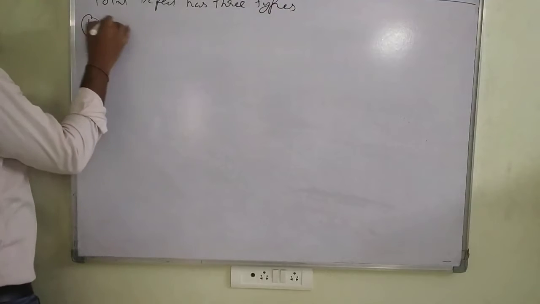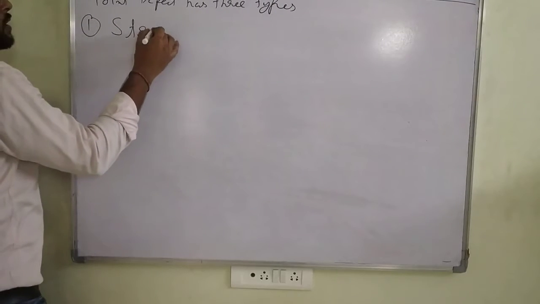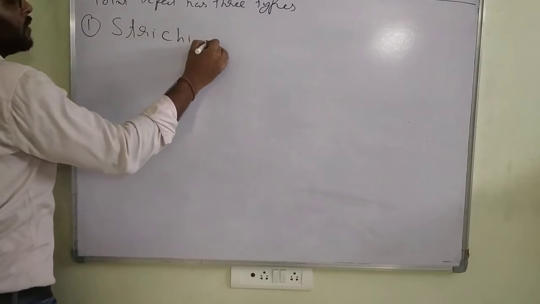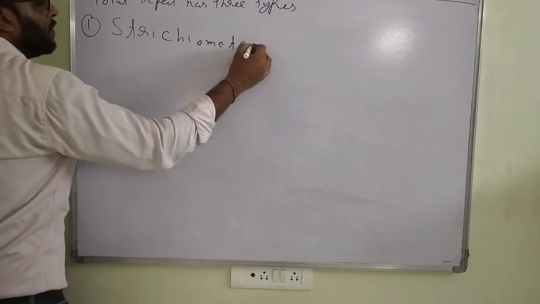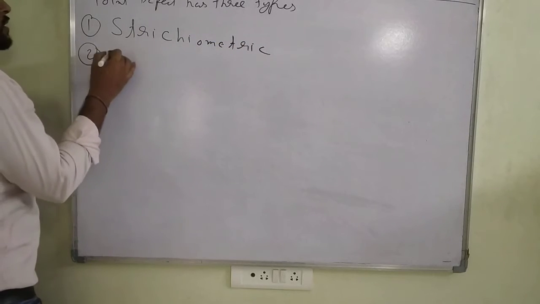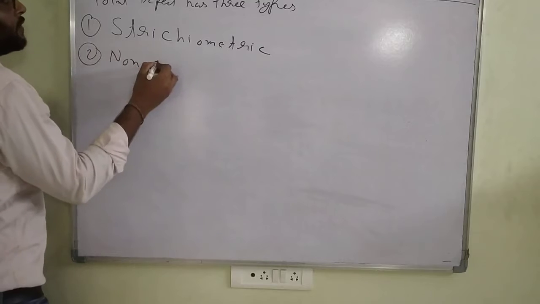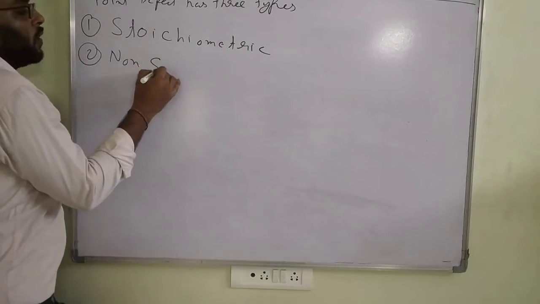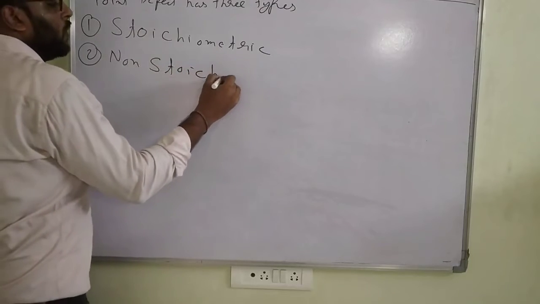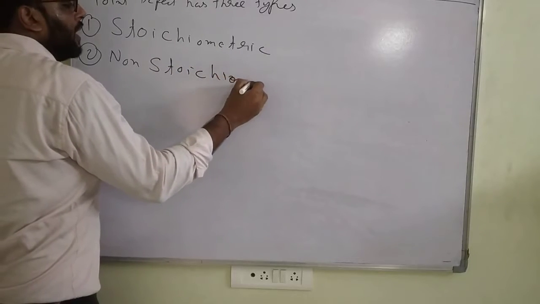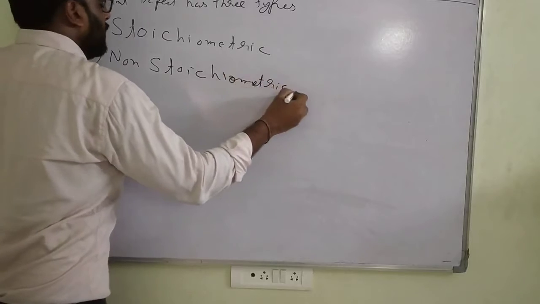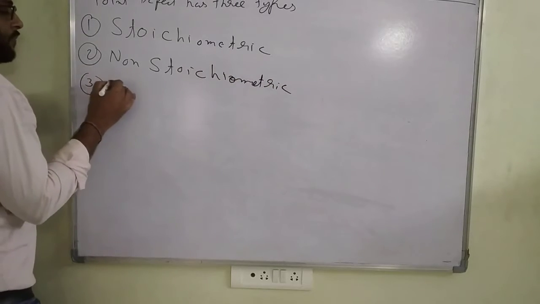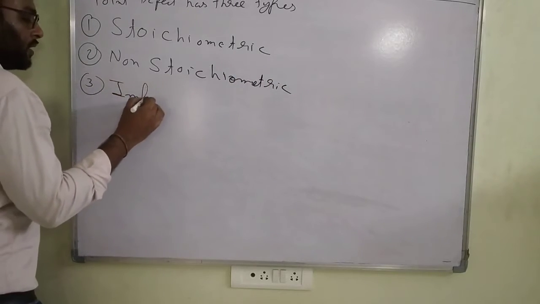One is stoichiometric defect. Second is non-stoichiometric defect. And the third one is impurity defect.